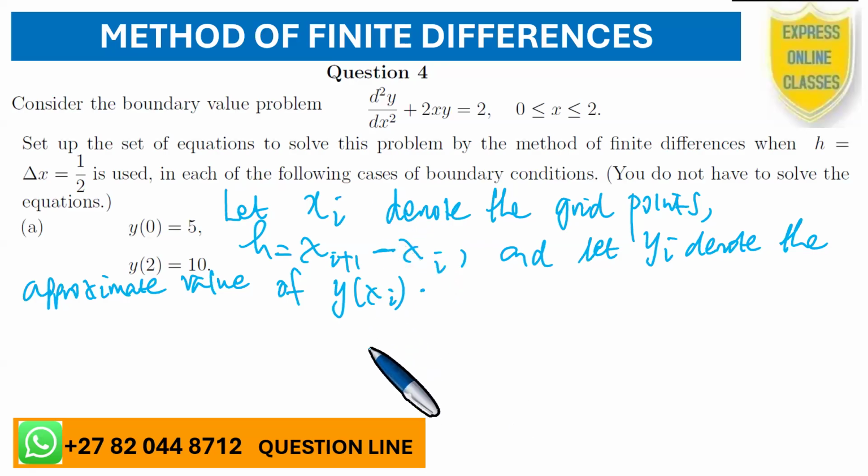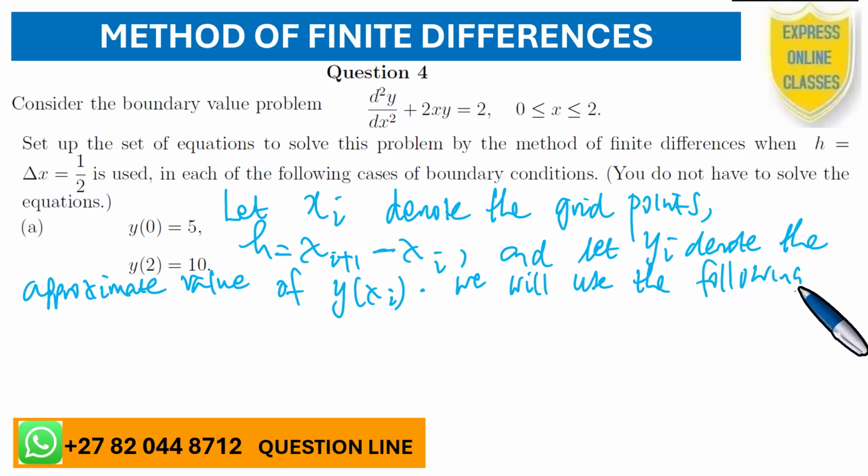So what we then do, we will use the following approximations. What are the approximations? We have the second derivative of y with respect to x.